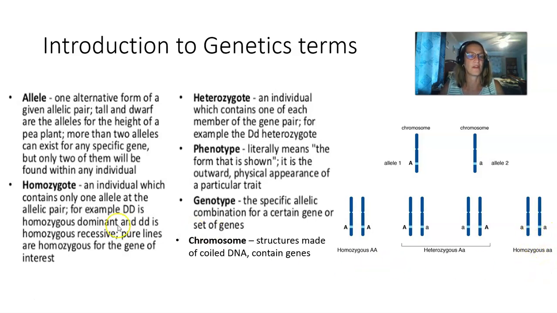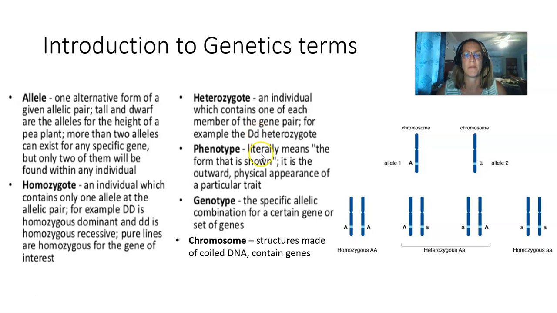Okay, so I think I've covered homozygous or homozygote and heterozygote. What I haven't covered is phenotype and genotype. So the genotype is the makeup of all of your DNA. So all of your genes, all of your alleles, that tells what your genotype is.